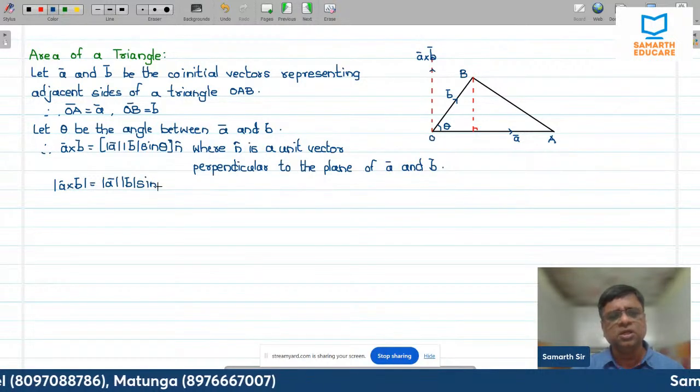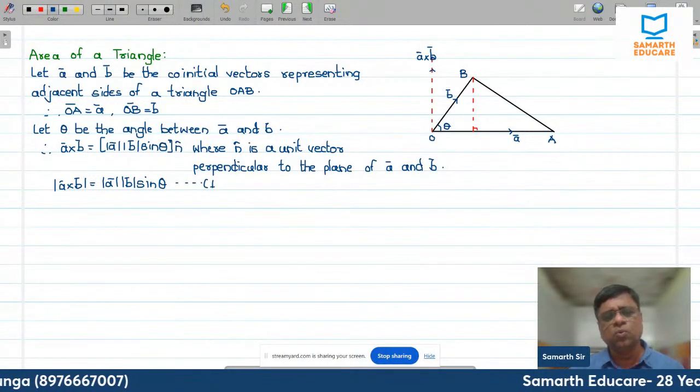Again the same thing, I'll mark this as equation number 1.